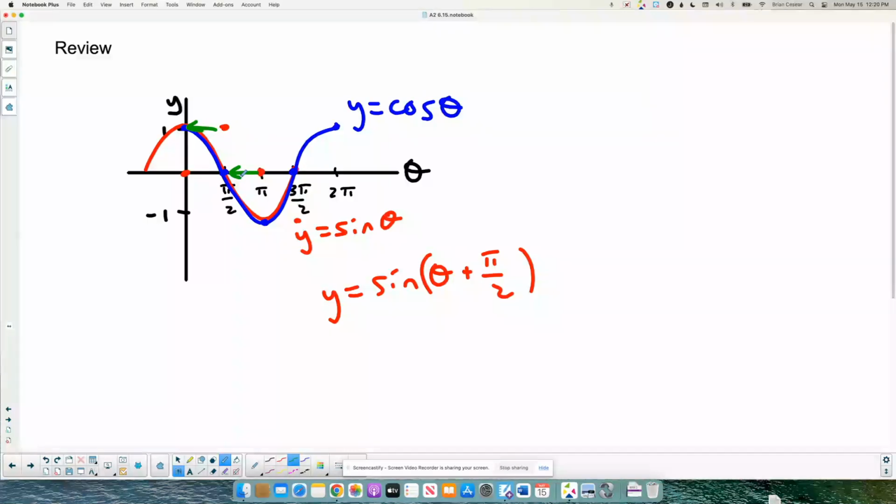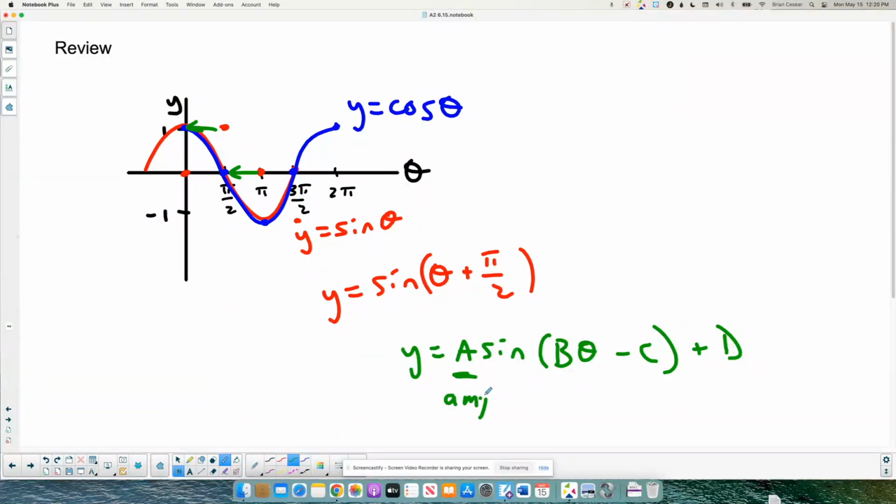So we basically know midline. If I were to say y equals a times sine of b theta minus c plus d, we've learned that a determines amplitude, d determines midline, and c determines horizontal shift.